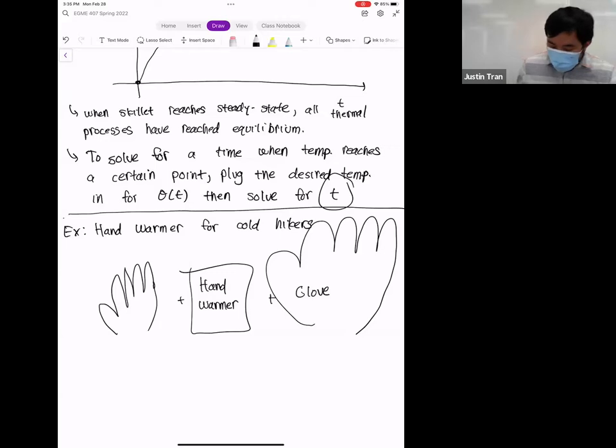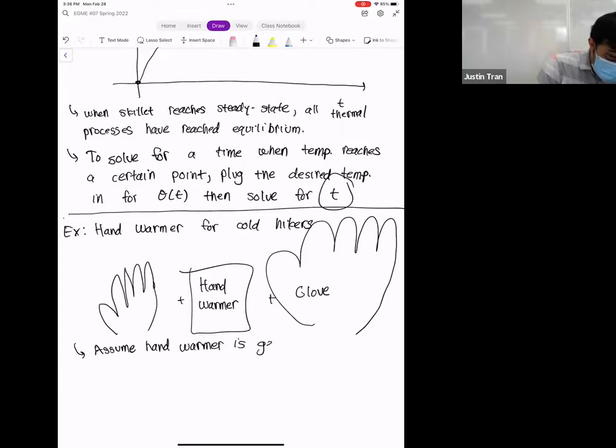Okay, and so what we want to do is we're going to assume that the hand warmer is generating heat. So there are some electric ones.